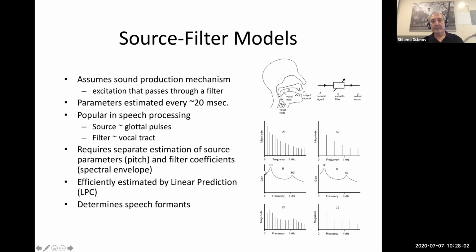You have a range of frequencies around R1 that are amplified, another range of frequencies around R2 that are amplified, okay? They remain invariant to the pitch. The pitch itself is these harmonics, right? This is the fundamental, the first harmonic, the second harmonic.